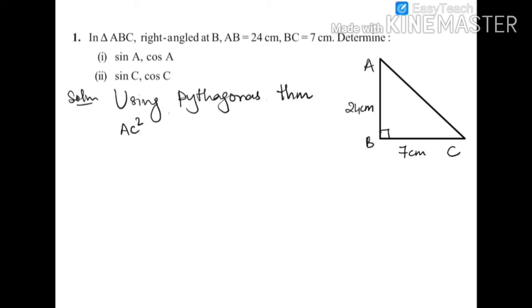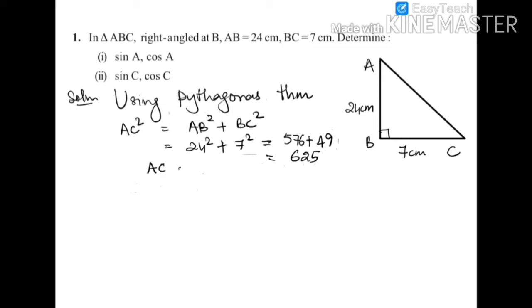So the square of hypotenuse, that is AC square, will be equal to AB square plus BC square. So 24 square plus 7 square, which is equal to 576 plus 49. On adding we get 625. So AC is equal to square root of 625, which is equal to 25 centimeters.